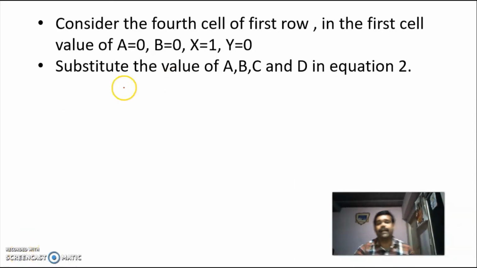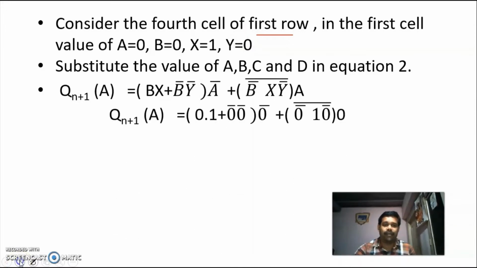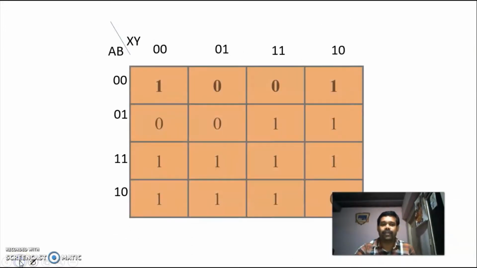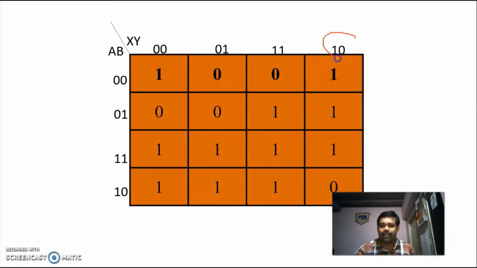Similarly, you are taking the fourth cell of first row. This is the first cell of first row. Already we have got the answer as 1. The fourth cell of first row, value of A is 0, B is 0, X is 1 and Y is 0.